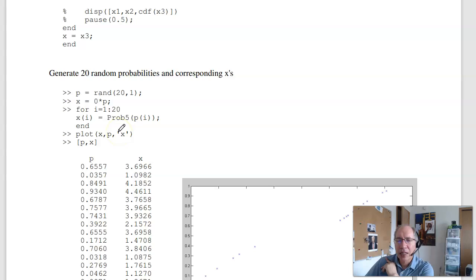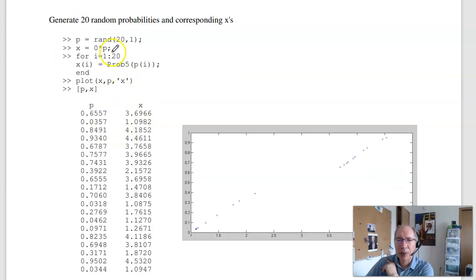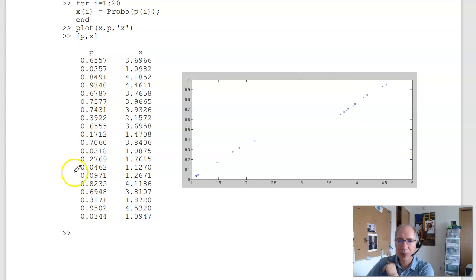I can now generate 20 random numbers. So pick 20 random numbers for the probability, and then for each number, do the opposite. Given the probability, find x. Then when I'm done, plot x and p with an x and display it. So here's the probabilities, numbers between 0 and 1. Here's the corresponding x.